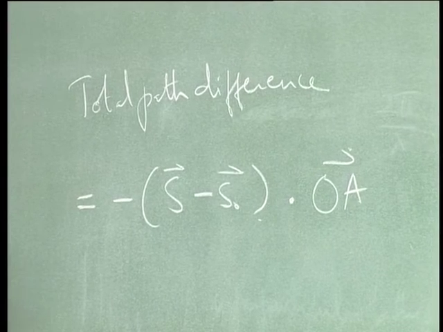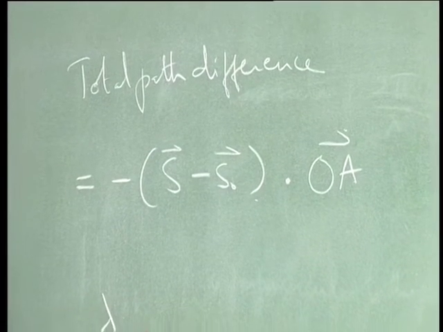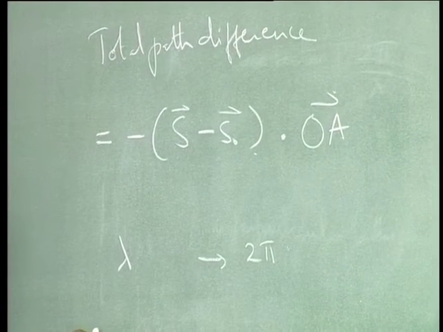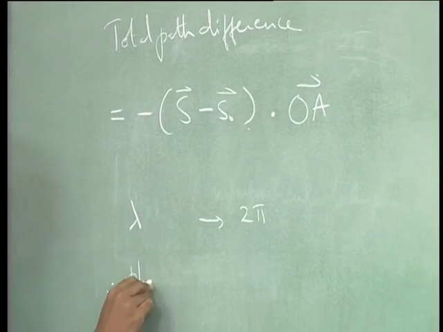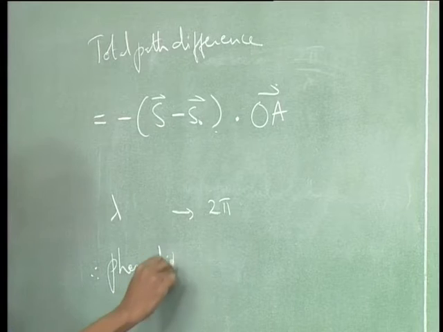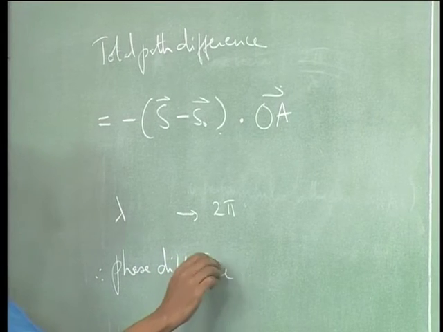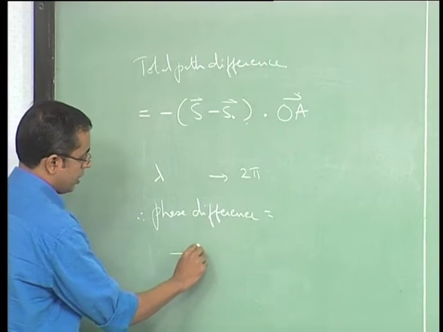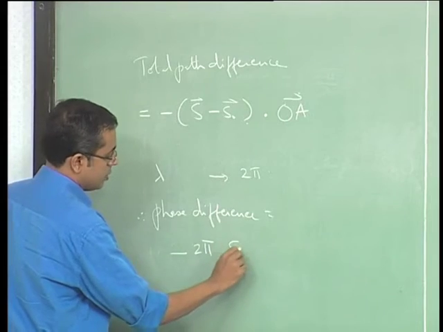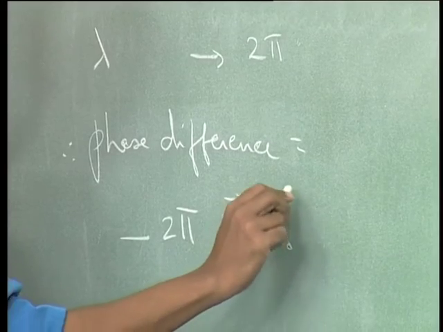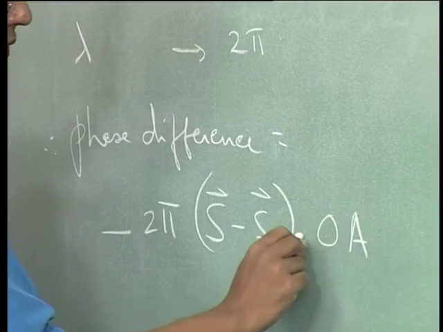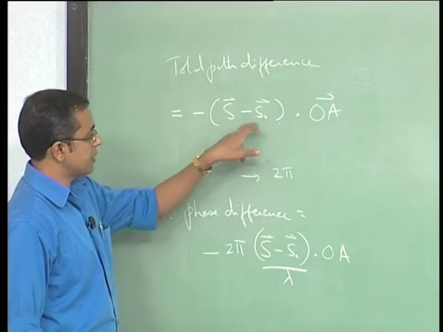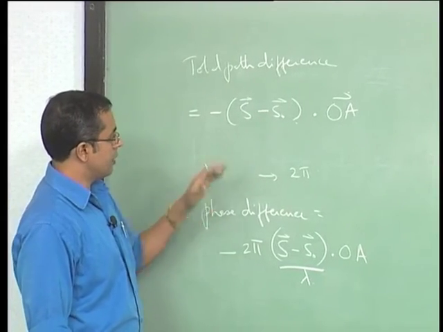Now we basically say that a path difference of lambda is a phase difference of 2 pi. So to get this path difference, we are simply going to have the phase difference equal to minus 2 pi into this quantity.